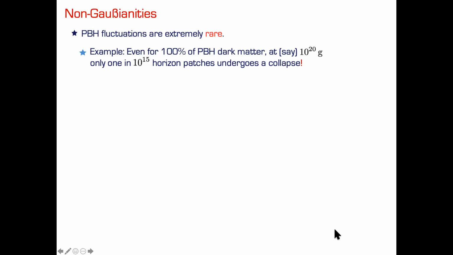And that's the case where you only need a tiny fraction of patches collapsing at early times, because you get a different dilution of them with respect to the environment they're forming in.